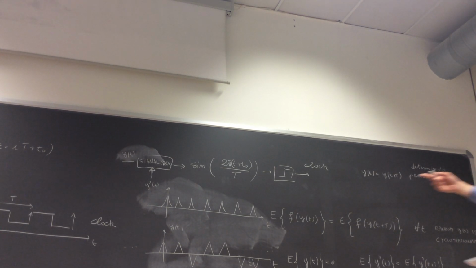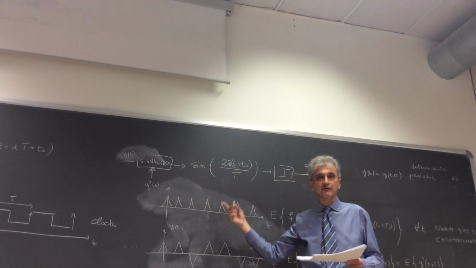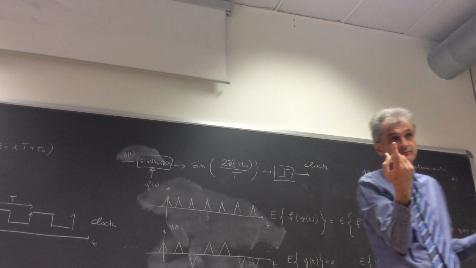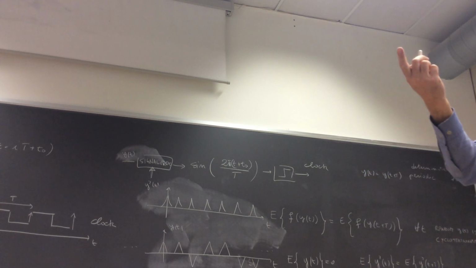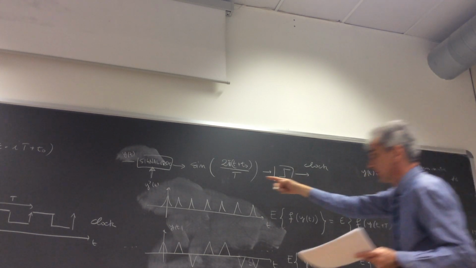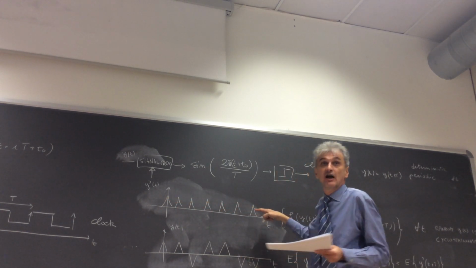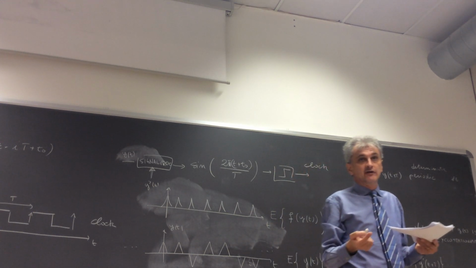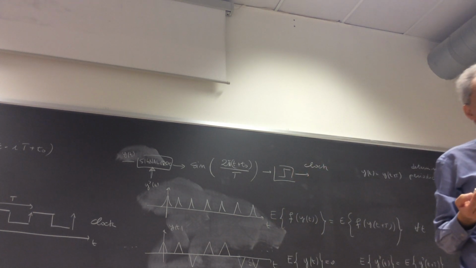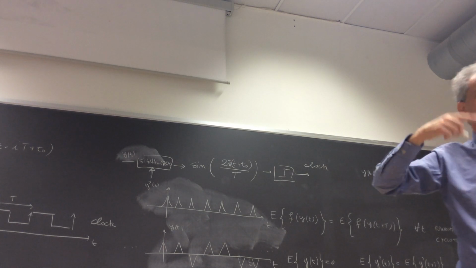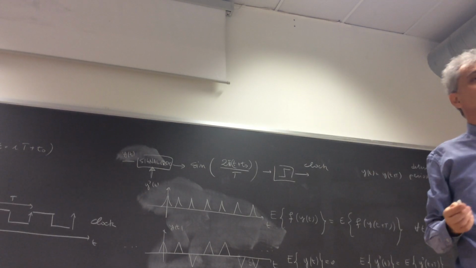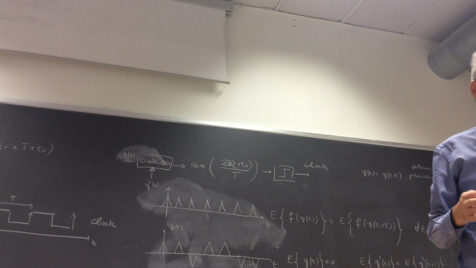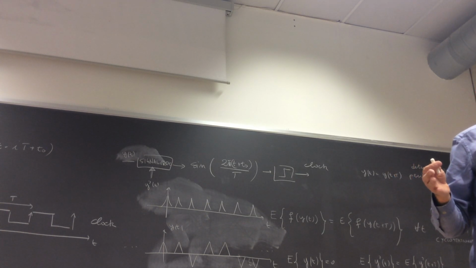And then, if you look at the spectrum of this signal, you will find the zero frequency, which is the power, the expectation of y to the square, the average power of y, and then a sinusoid at fundamental frequency 1 over T, which is what we are looking for, plus other sinusoids at frequencies that are integer multiples of the fundamental frequency, a periodic signal.